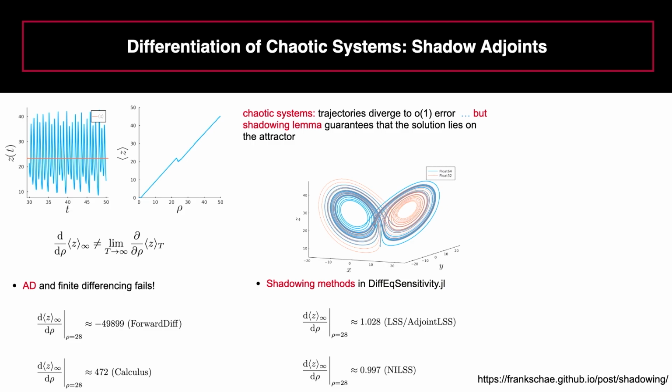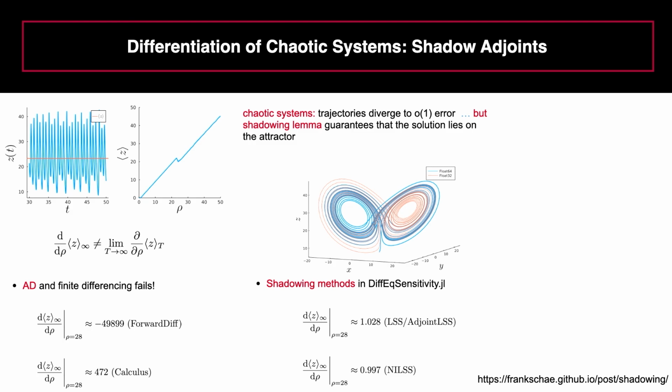So what you're looking at on the screen when you put in, say, the Lorenz equation means nothing to do with your actual equation. You can prove that your error is O(1), but you can also prove that there's actually a point right nearby that you've actually done the real solution for. This is the shadowing lemma. So you found a shadow trajectory, and it turns out that you can use that fact to come up with a useful form of automatic differentiation on chaotic systems.